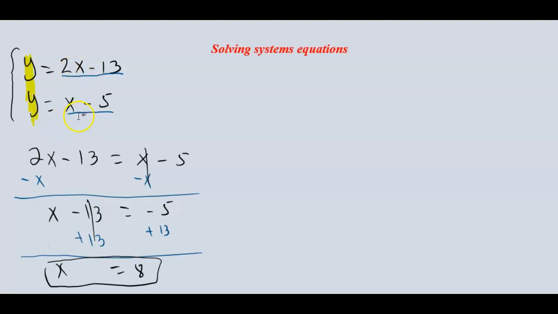I'm going to go with the second one because it looks easier. So y equals x minus 5, and we know x is 8, so we're going to have 8 minus 5.